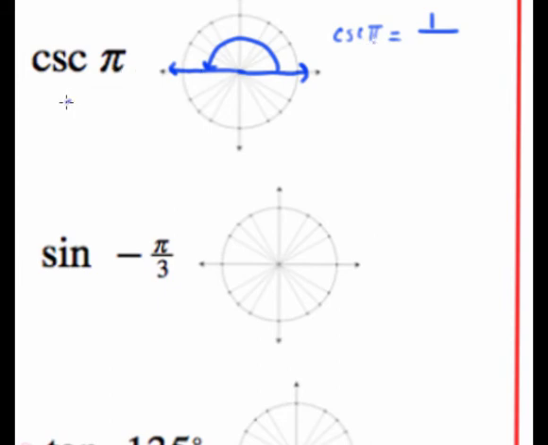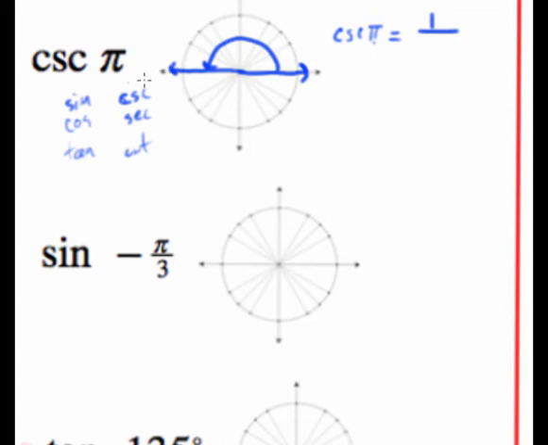Because recall, we have sine, cosine, tan, and then we have cosecant, secant, cotan. So cosecant and sine are reciprocals of each other. You can just put 1 over that, or you can go ahead and find the sine of pi, and we can do it both ways.